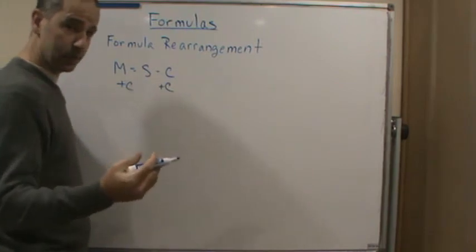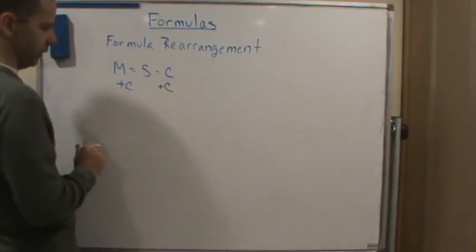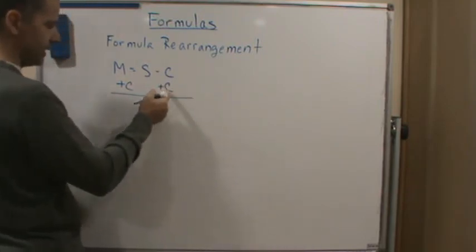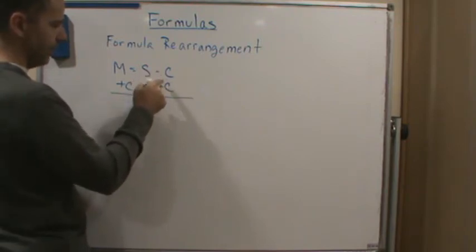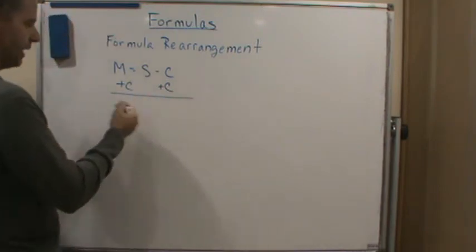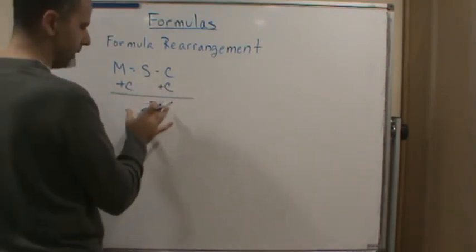Or in other words, sometimes you'll hear people say moving the C to one side of the equation. In order to do that, in this case we add C to both sides, because then we get minus C plus C. Now sometimes you'll see it written like this. I write it both ways, but I see more students writing it this way.